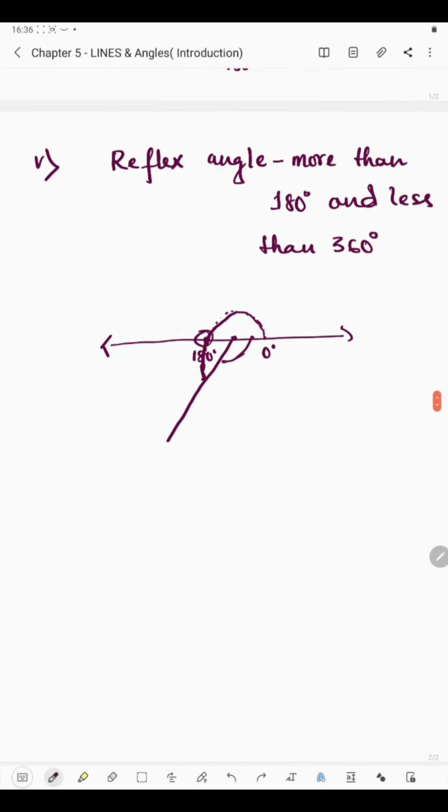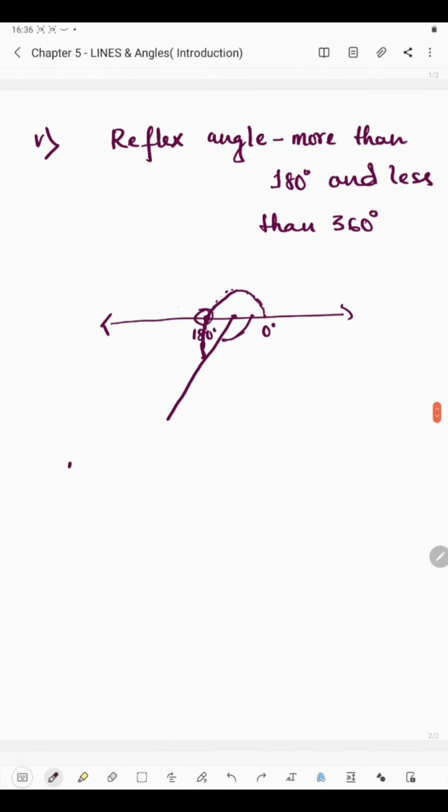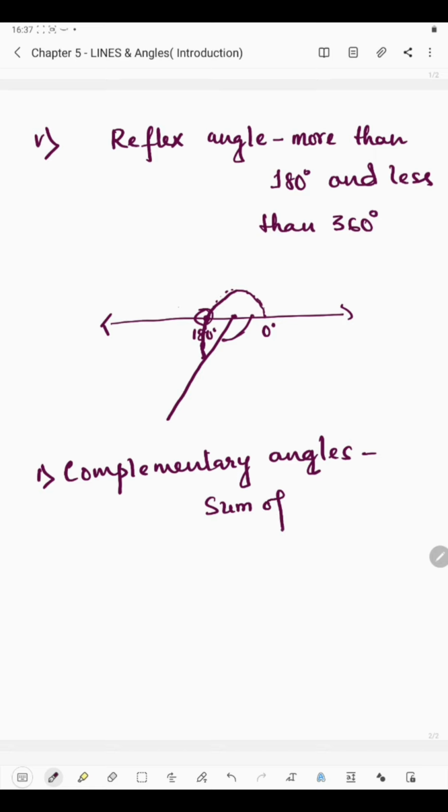Now coming to some other angles, which are complementary angles. What do you mean by complementary angles? When the sum of two angles is 90 degree, then they are known as complementary angles.